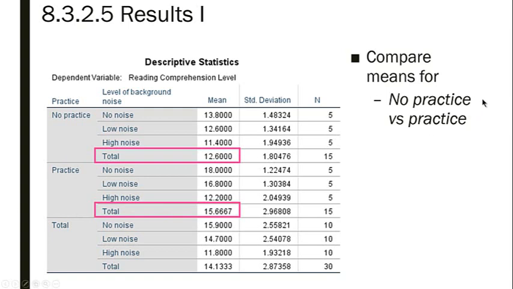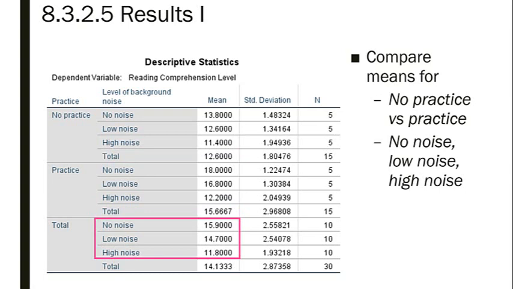So all 15 participants who took the test with no practice got a mean reading comprehension score of 12.6 with this standard deviation, and again, here's the sample size. So we can see that participants who did have 10 minutes to practice did seem to get higher reading comprehension scores, right? 15, closer to 16 than to 15, than the participants who did not practice. So they got about 3 points higher.